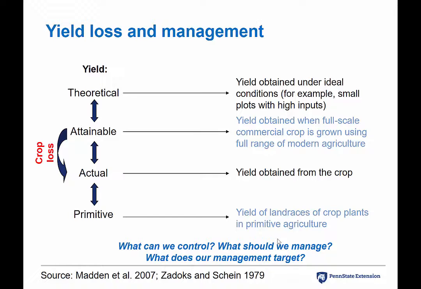It's sort of scaled to the state. It's based on calls, it's based on trials, other observations. But in the end, what we want to do is take that information and understand how do we get from what we actually see in the field to a higher yield? Can we make smarter, more efficient, more effective decisions? What can we control? What should we manage? What are we targeting in that way?